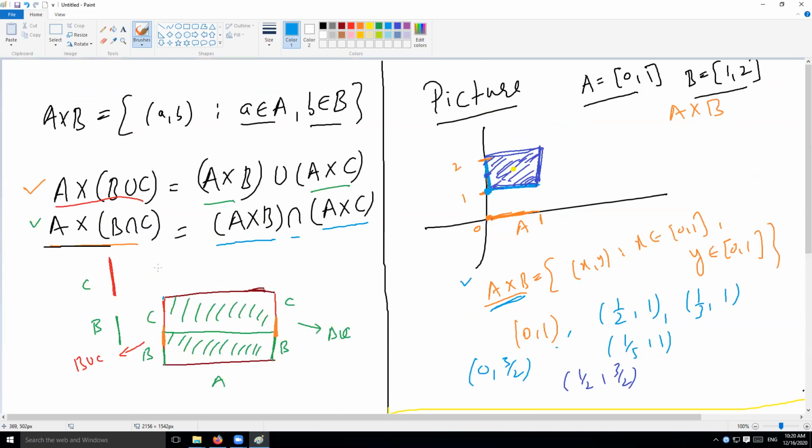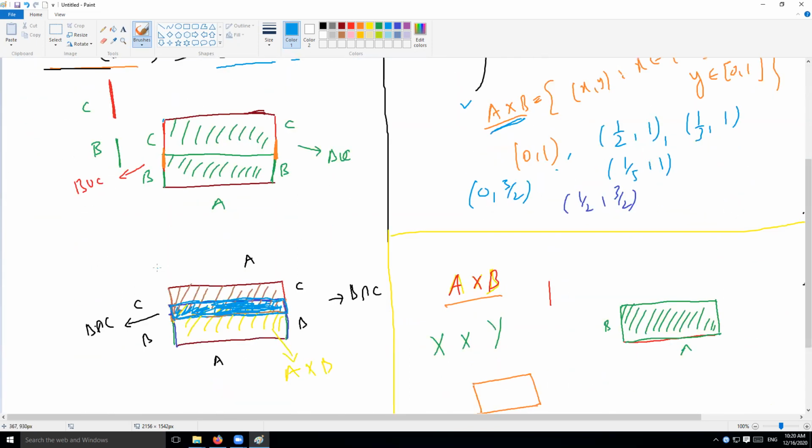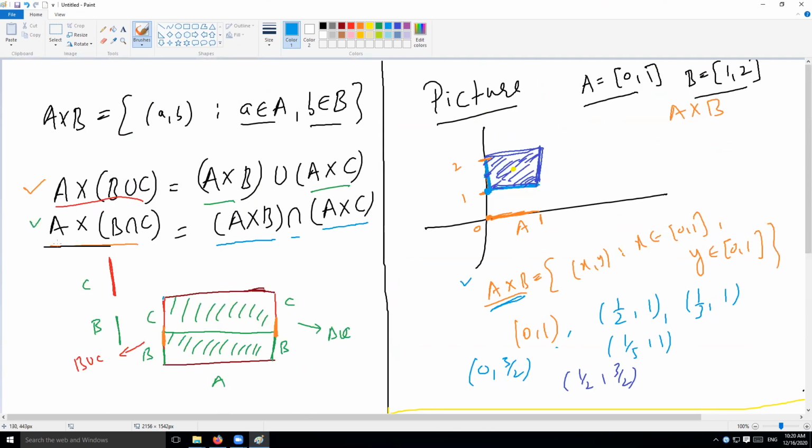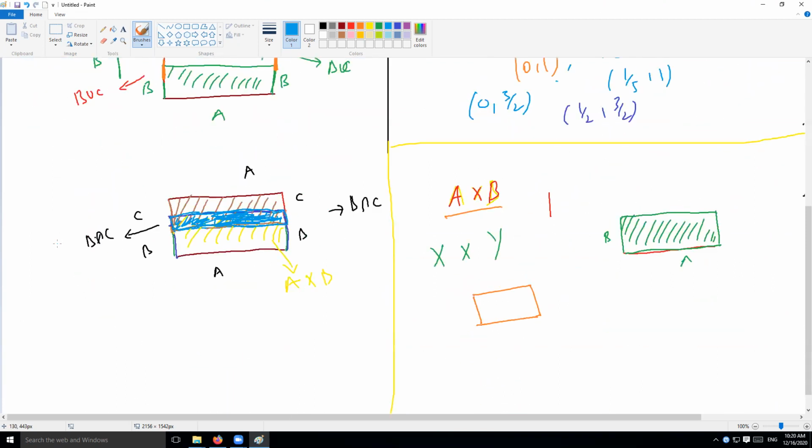And this is important actually, that we shouldn't just prove things without understanding. You should make a picture. You should be able to picture in your head what the given identities are saying.